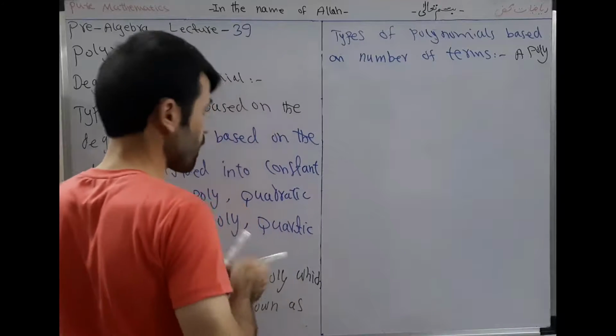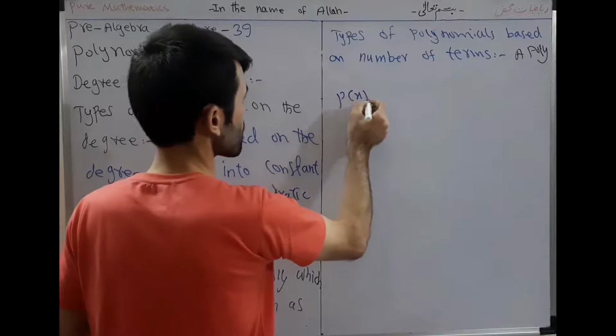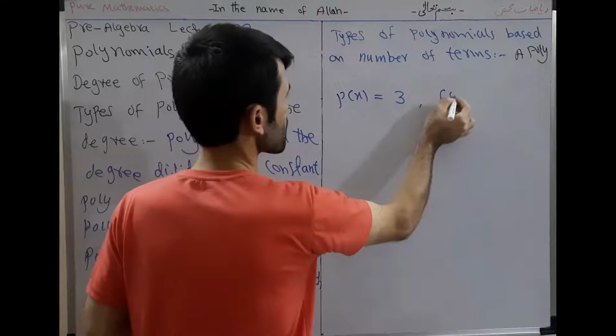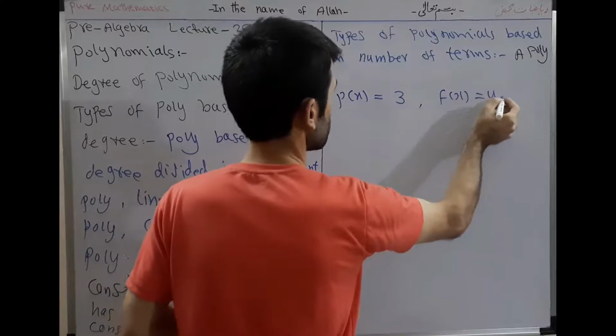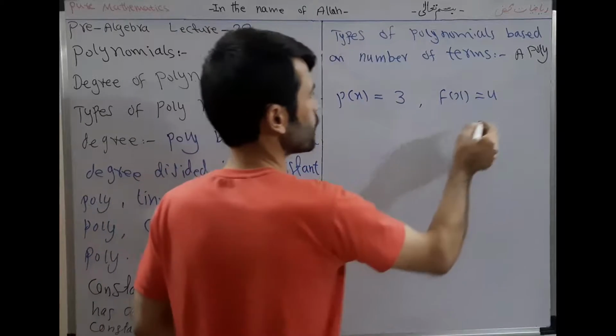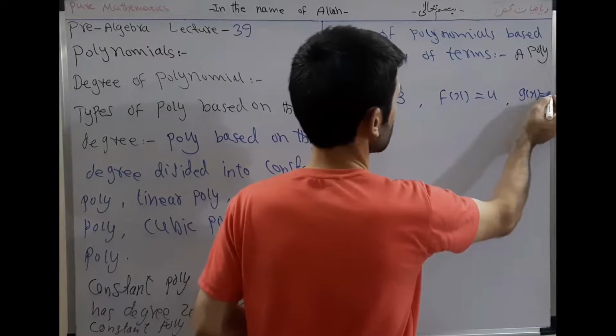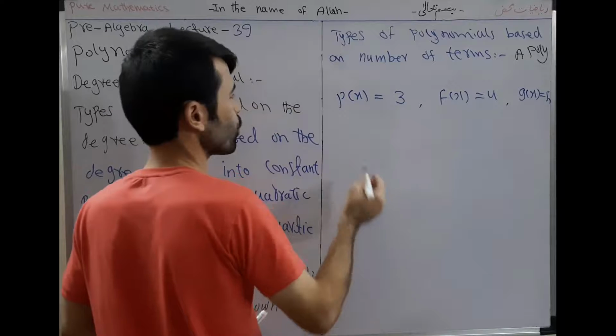Like p of x is equal to 3 is constant polynomial. f of x is equal to 4 is constant polynomial. g of x is equal to 5. They are constant polynomial.